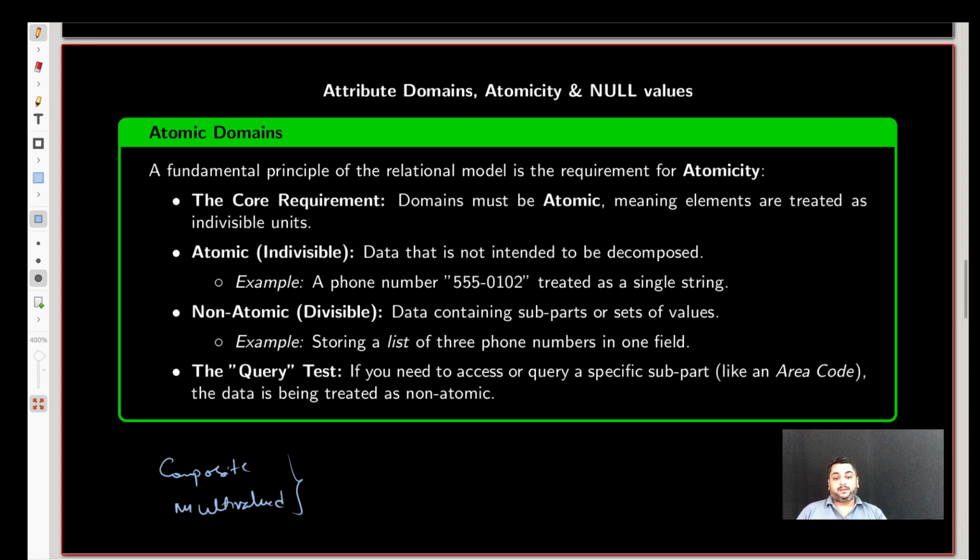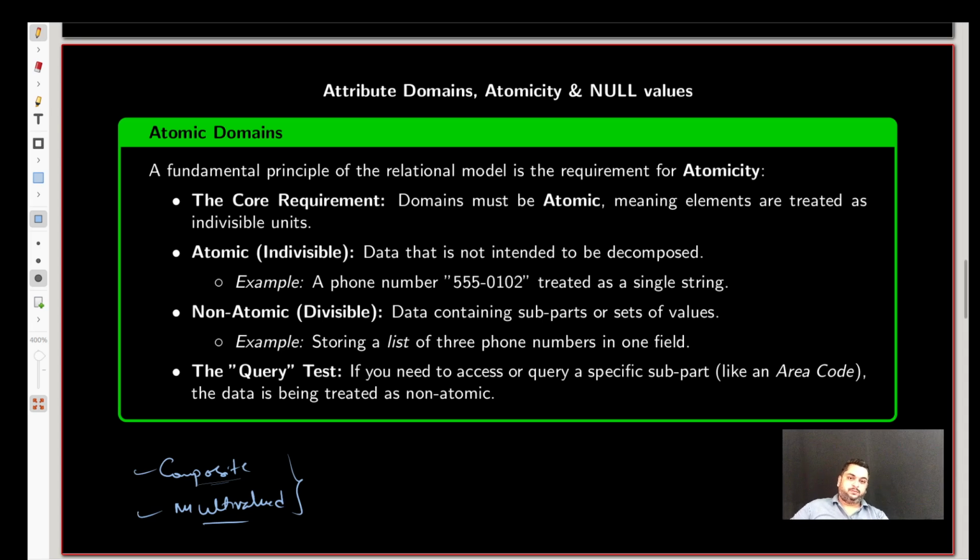For example, an address can have street number, house number, pin code, city, and so on. So composite attributes are divisible; they can be divided into simple attributes. Similarly, multi-valued attributes can take multiple values, for example phone numbers. Now, this is not allowed in the relational database model.